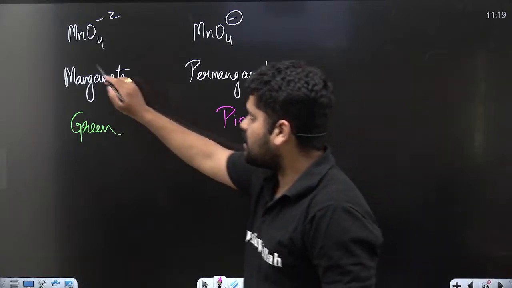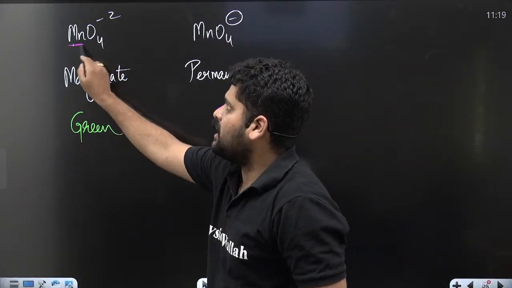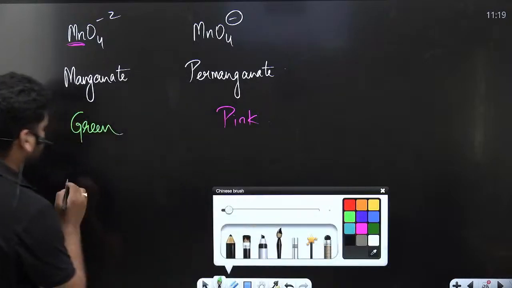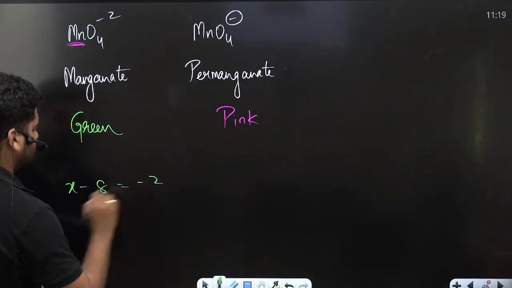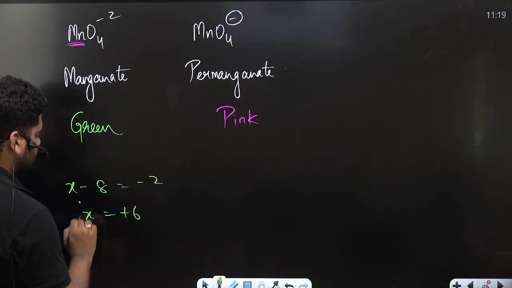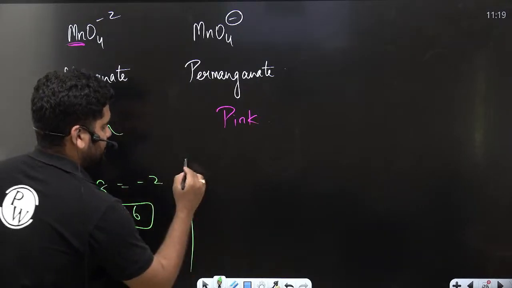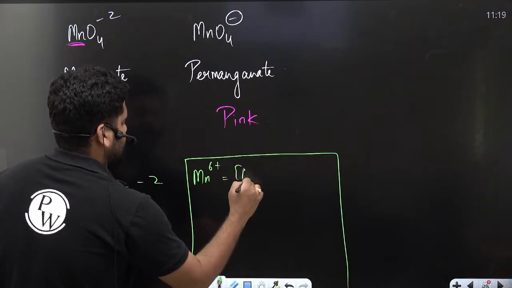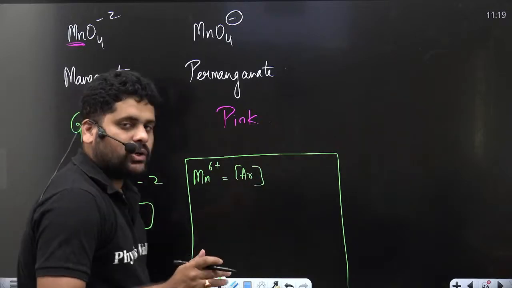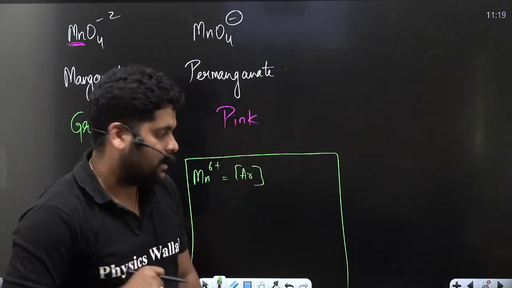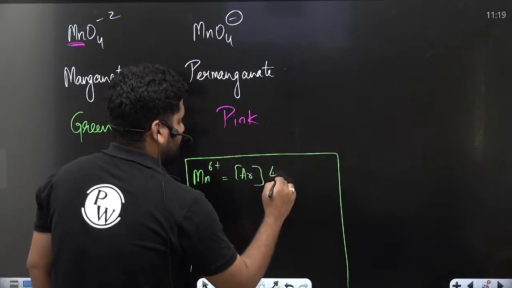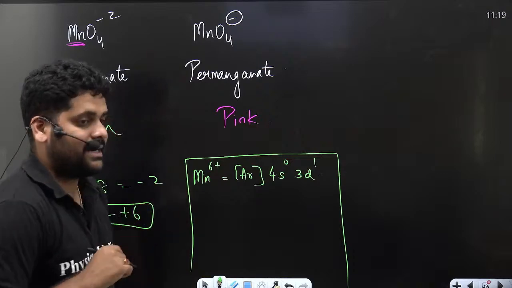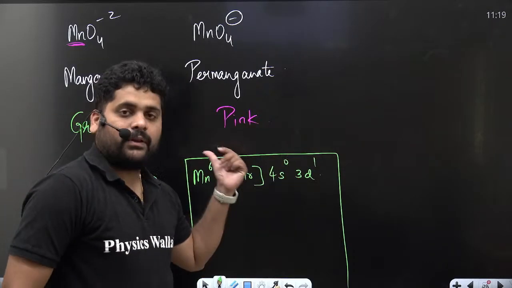So just calculate the oxidation number of manganese over here. X minus 8 is equal to minus 2. X value is plus 6. So the oxidation state of manganese is plus 6, which indicates the electronic configuration represented like this. Normal manganese is argon 4s2 3d5. Now we have argon 4s0 3d1. You have removed 6 electrons out of 7, so you are just left with 1 electron.